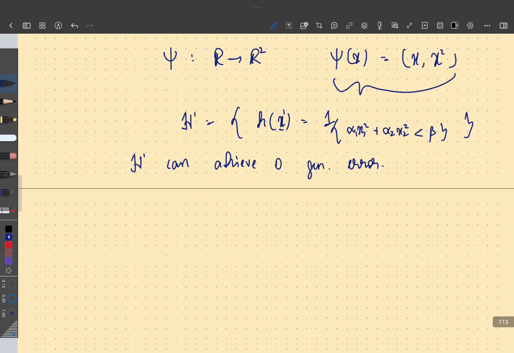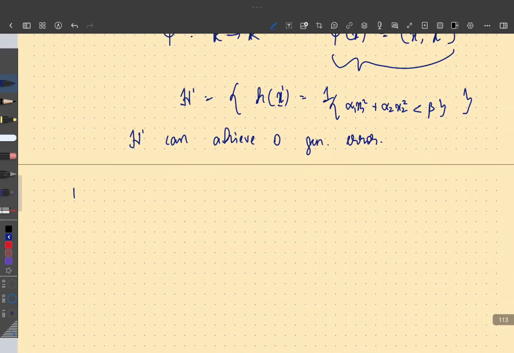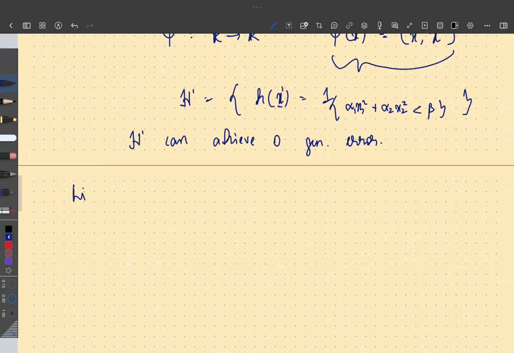All right, but this doesn't mean that it comes for free. We have to pay something extra in order to do this, because after all, we are embedding points in a higher dimensional space. So that comes with two limitations.